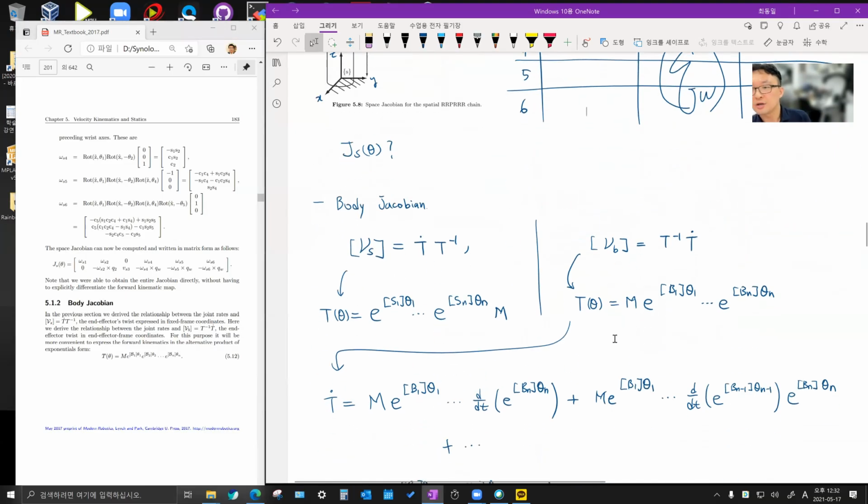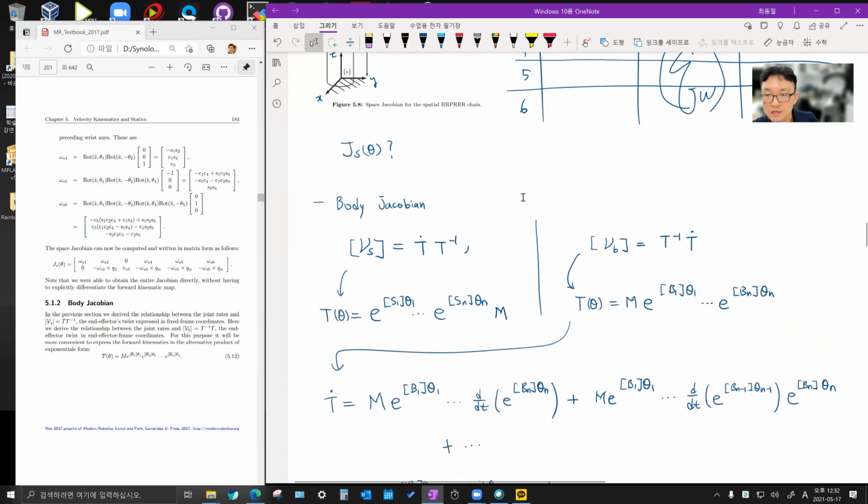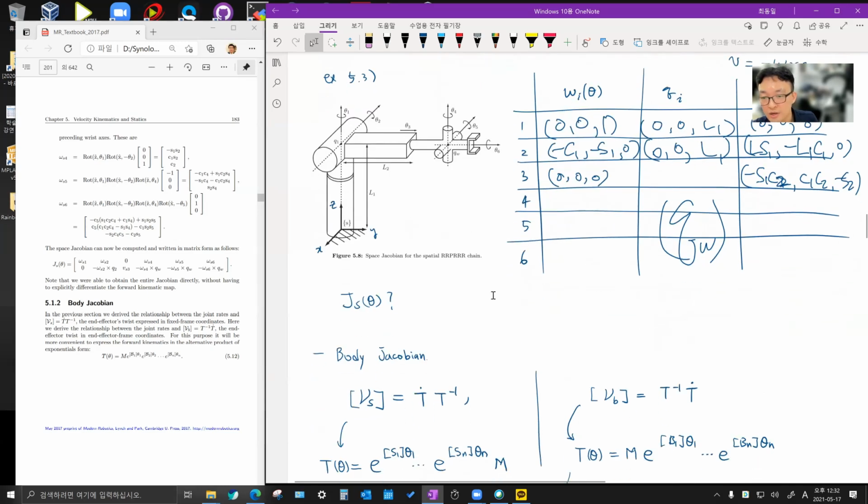So we learned about the space Jacobian, and example 5.3 can be calculated like that.